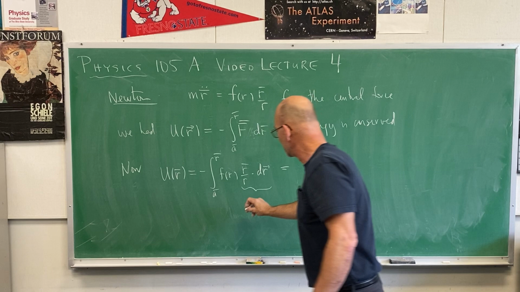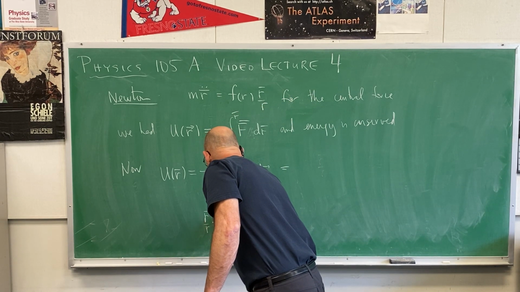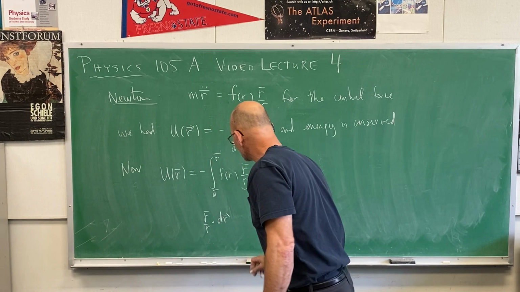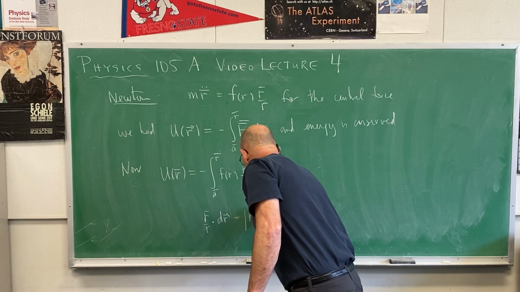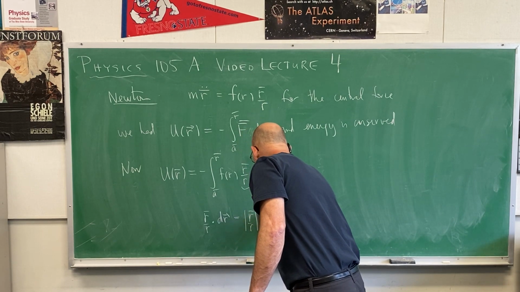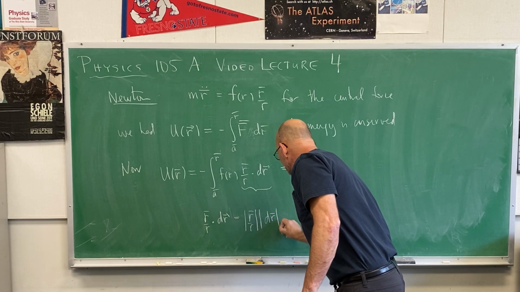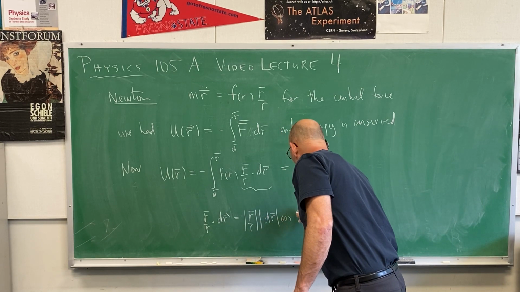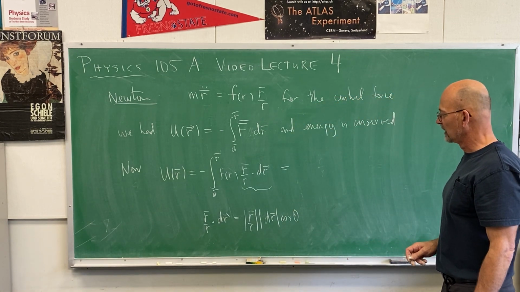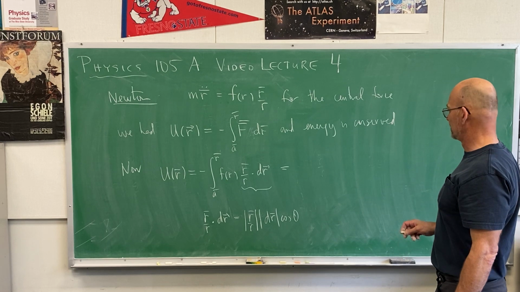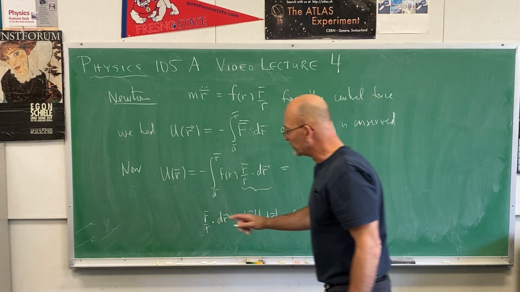So this is a scalar product. We'll just literally see what it means. It is the magnitude of the unit vector times the magnitude of dr times the cosine of the angle between them. And in order to have a picture, I'm going to use this corner of the board.